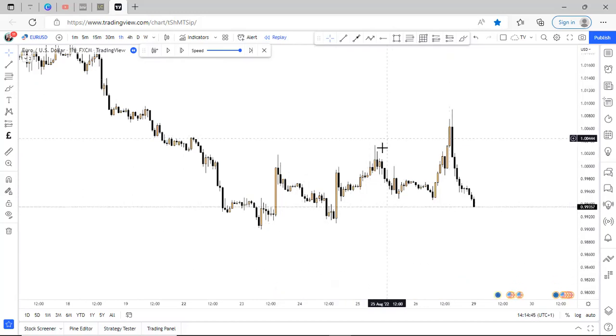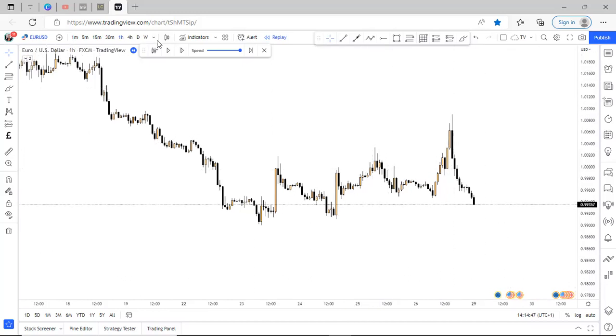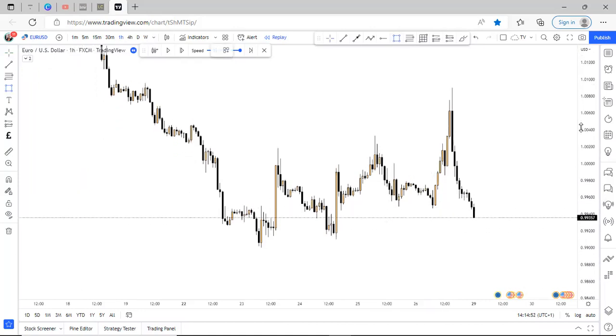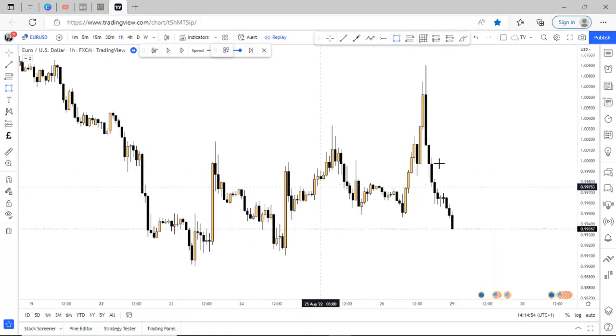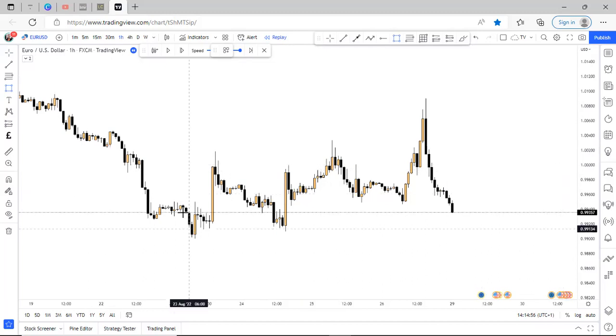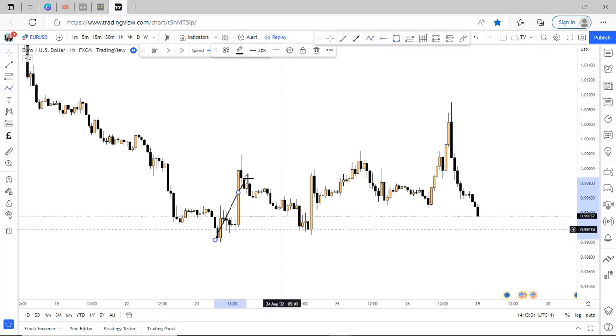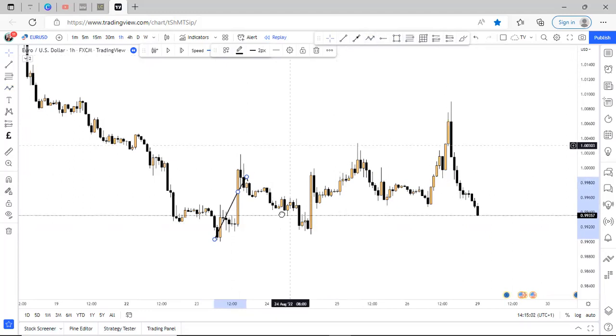Okay, so on this particular Euro USD, I'll be using Euro USD as a case study right here. On this particular trade, we can see that we are bullish on Euro USD from these particular points. Market is pushing up.